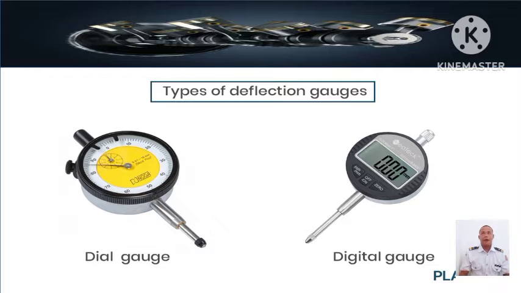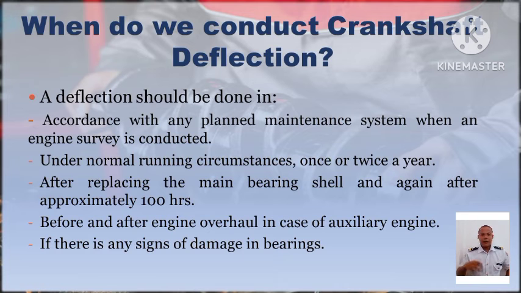So next, when do we conduct a crankshaft deflection? A crankshaft deflection should be done in accordance with any planned maintenance when an engine survey is conducted. So when it is in the PMS, or planned maintenance system, we really should do a crankshaft deflection to ensure that the crankshaft is in good condition, especially for the safety of the crew, the equipment, and also our ship.